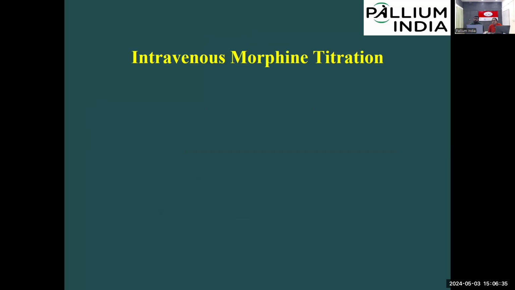Anyone want to comment on that? Okay, intravenous morphine, yes. Thank you for the responses. So intravenous morphine titration is done for patients with severe pain. If you have the injection morphine available with you, you can do this titration process.